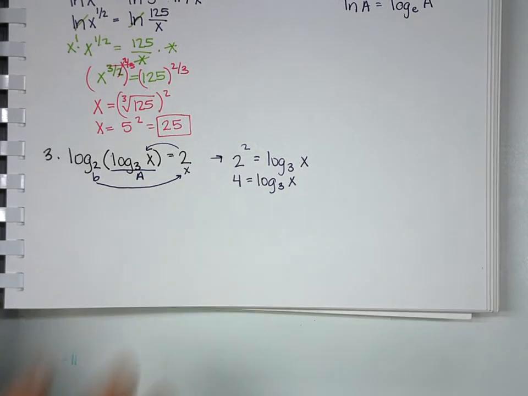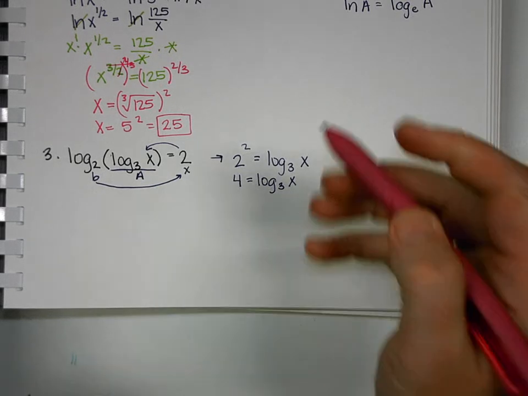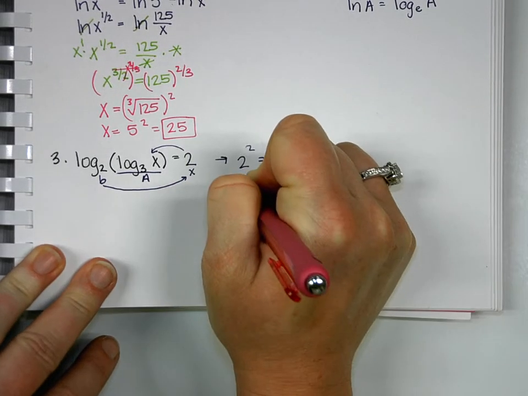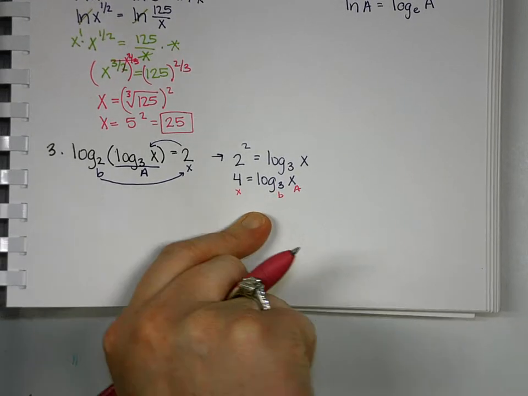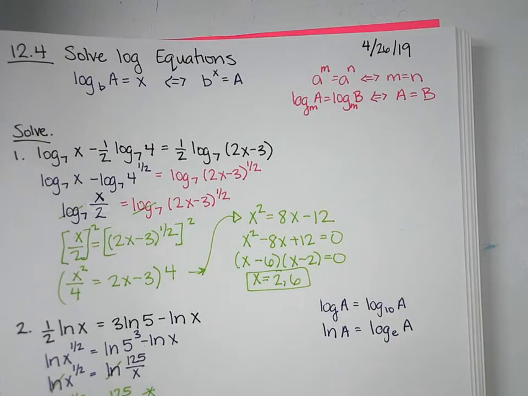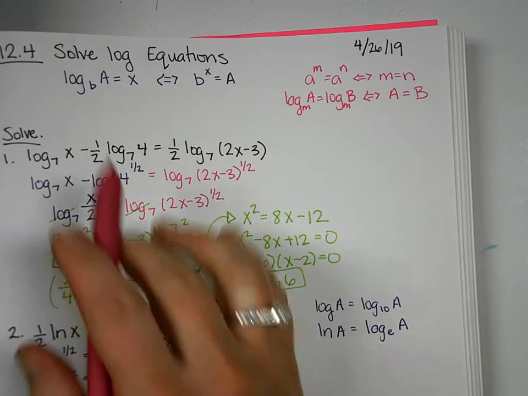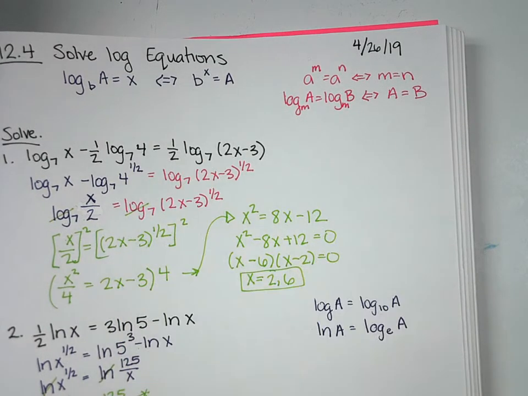And I can do this process again, write it as exponential, because I still have the same issue where I have a log on one side but not the other. So what I'll do again, x is my a, 3 is my b, 4 is my x. These letters again are referring back up to our definition at the very top of how to convert. So if you're wondering where the a, b, and x are coming from, they're the parts here so that I can make sure I match them correctly in my exponential.